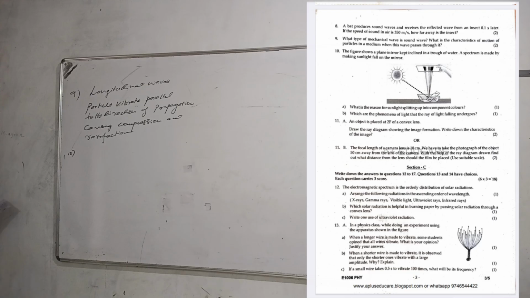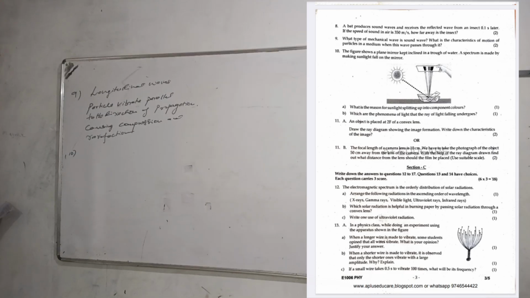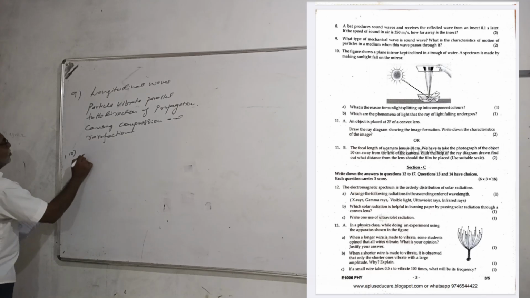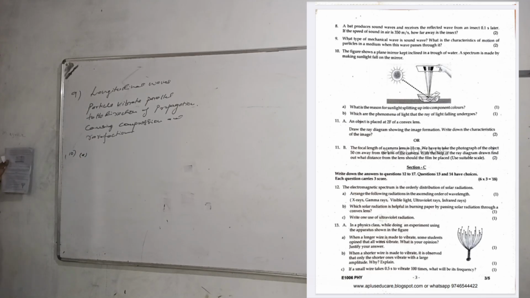Question number 10. The figure shows a plane mirror kept inclined to a trough of water. A spectrum is made by making sunlight fall on the mirror. Question A. What is the reason for sunlight splitting into component colors?